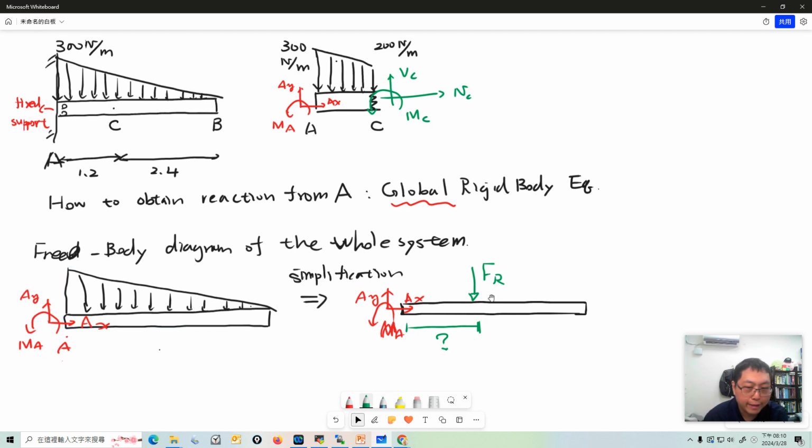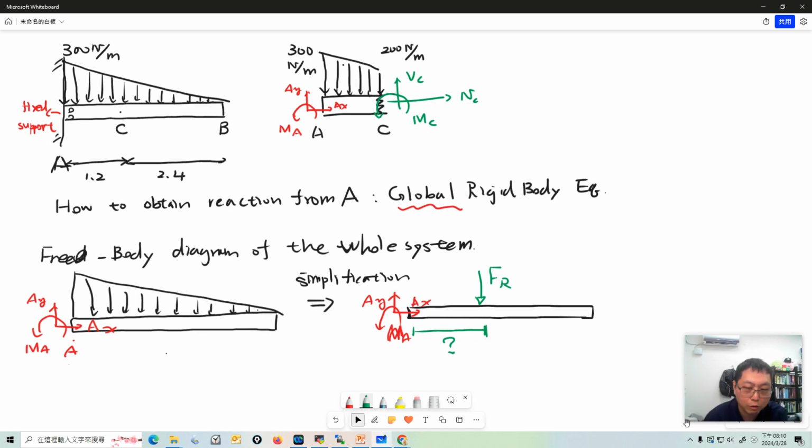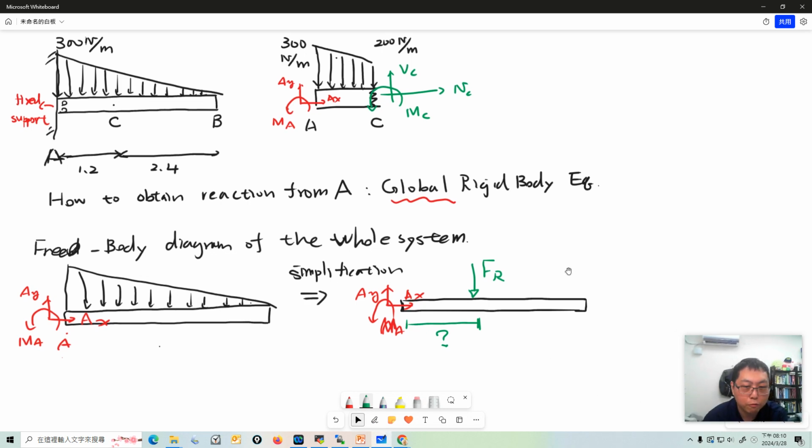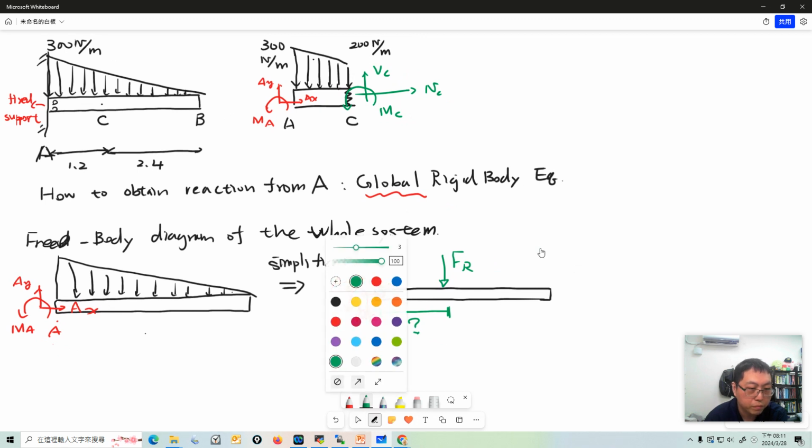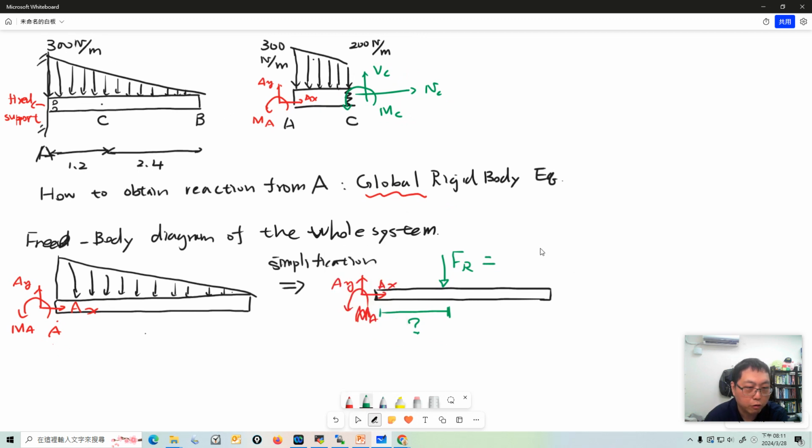In the simplification of this distributed loading, first you need to calculate the magnitude of the resultant force. The magnitude of the resultant force is equal to the area under the load distribution curve.